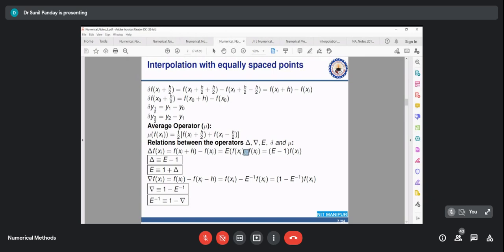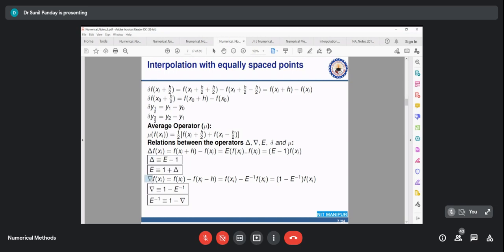So I write E of f of xi using the definition of the shift operator, minus this f of xi as it is. Then I take this f of xi outside and it becomes a new operator, E minus 1. So I get the relation that delta is equivalent to the operator E minus 1, or E equals 1 plus delta.